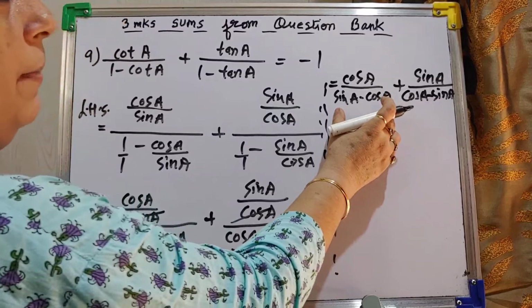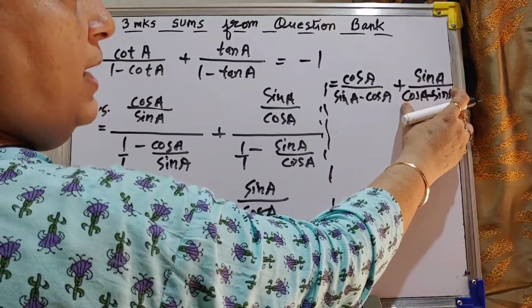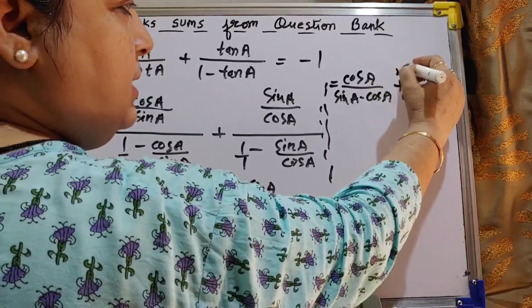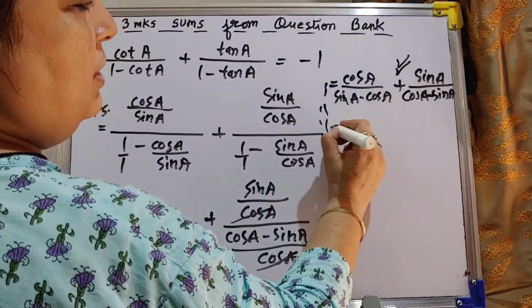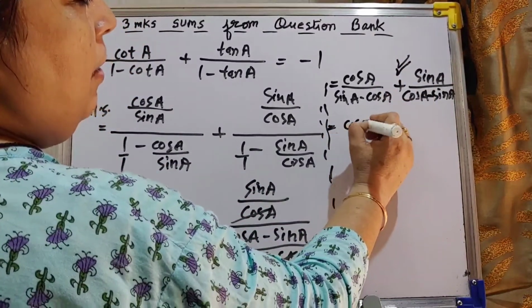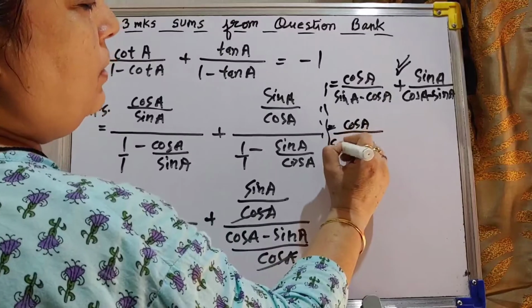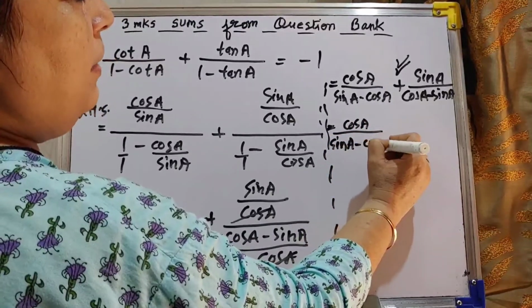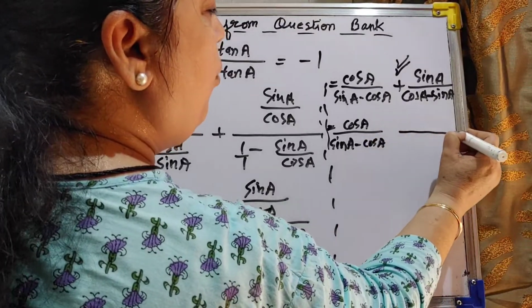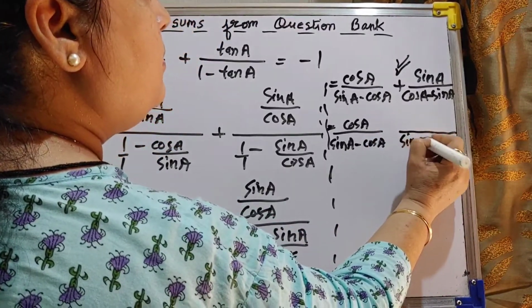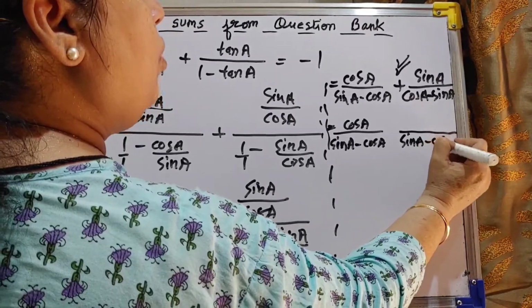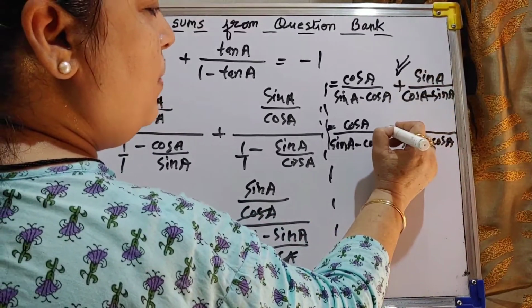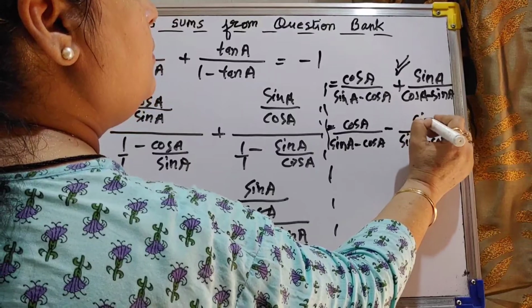Now this is sin A minus cos A, this is cos A minus sin A. If I change this sign, this will get reversed. So see, my cos A upon sin A minus cos A I am keeping as it is. If I want this also reversed, sin A minus cos A, then this plus will become minus.